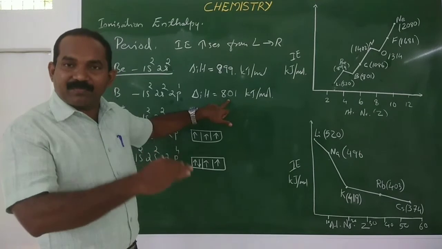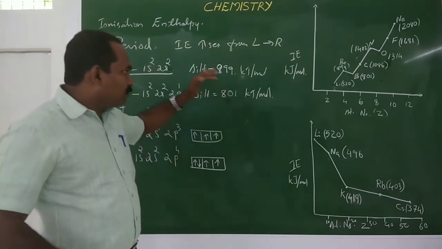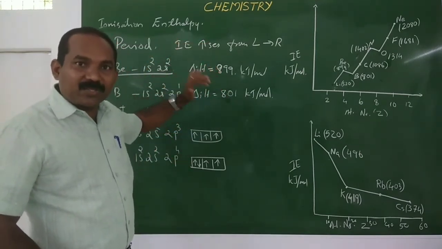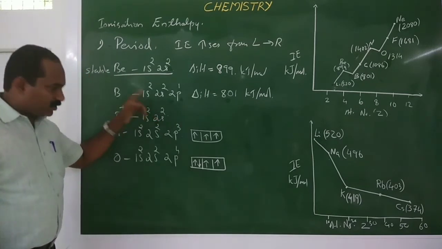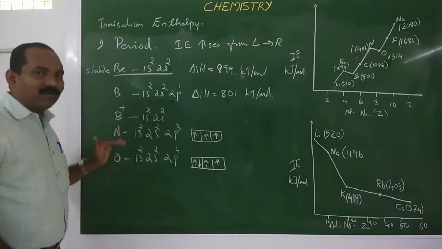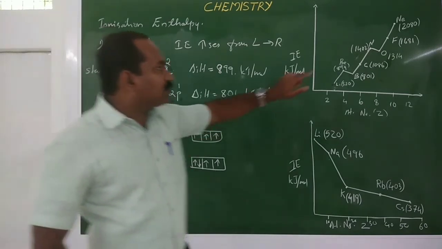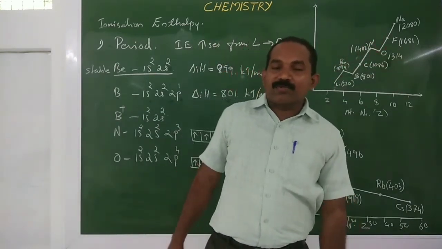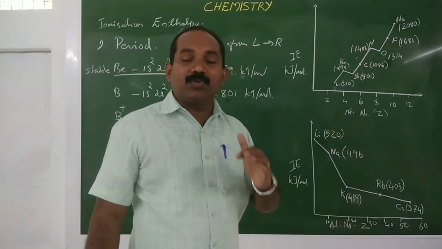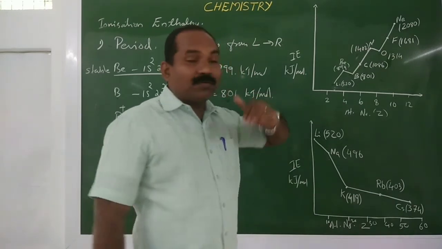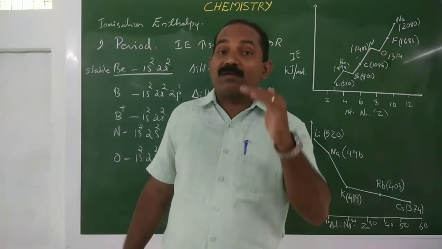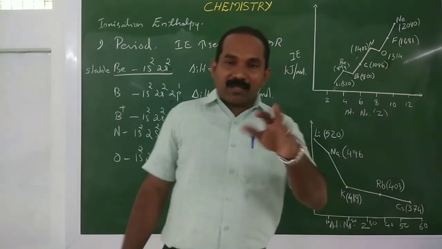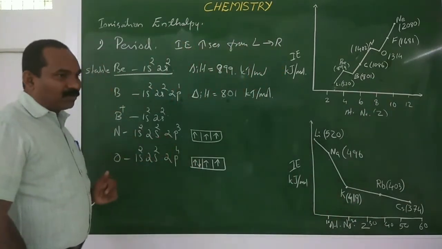Usually it is expected to increase from left to right, but it decreases due to electronic configuration. In a similar way, nitrogen has 1402 kilojoule per mole. In the case of oxygen, it is 1314. It's also due to electronic configuration.